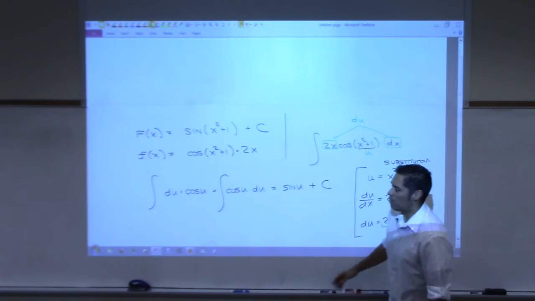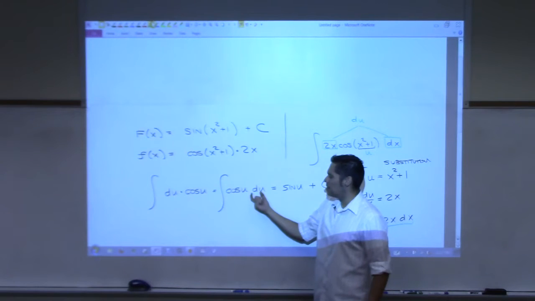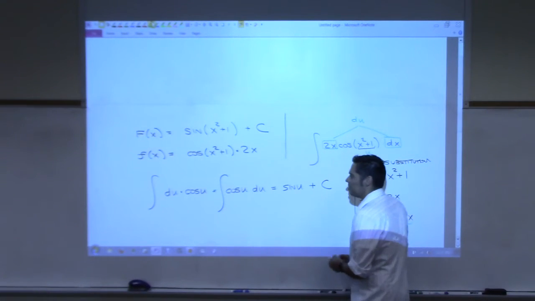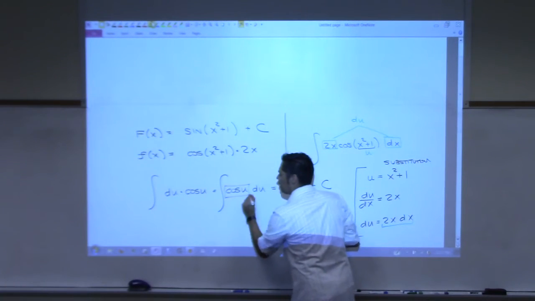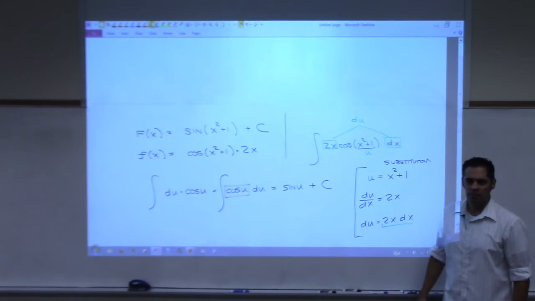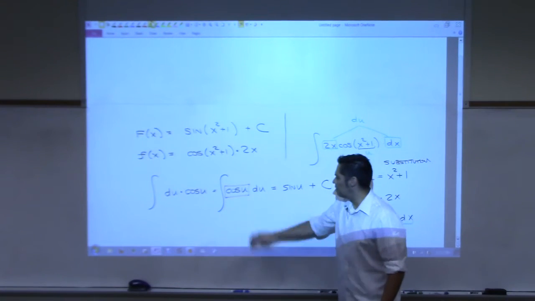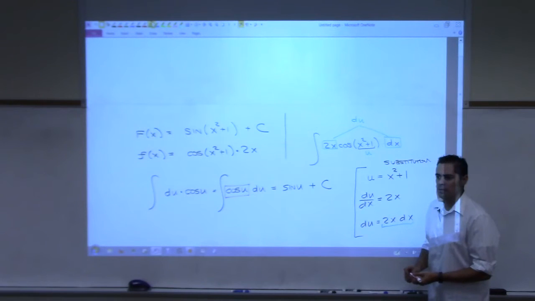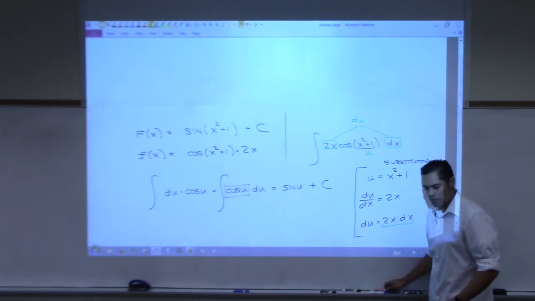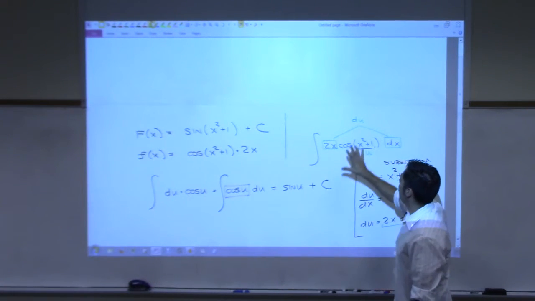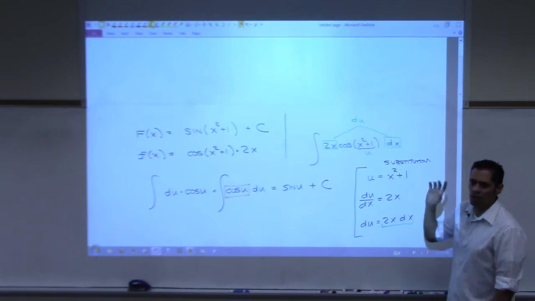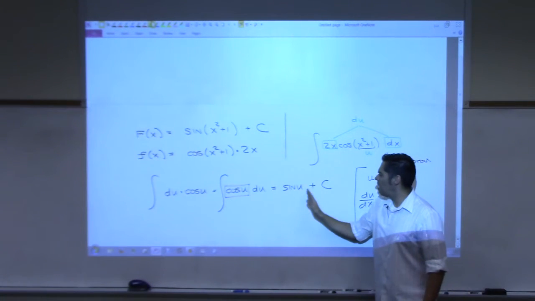People always ask me, like, what happened to this integral sign and what happened to the du? Remember what this is asking. All this notation means is tell me the antiderivative of that. What's the antiderivative of this? That, right? Plus a constant. So your answer to this question of what was the antiderivative of this, your answer is sine of u plus c.